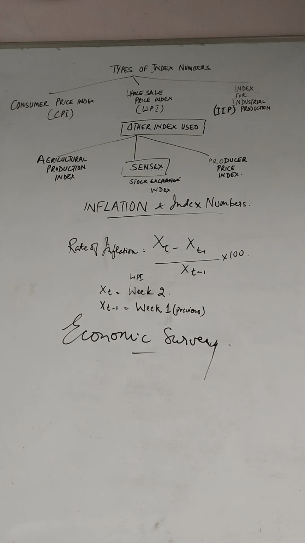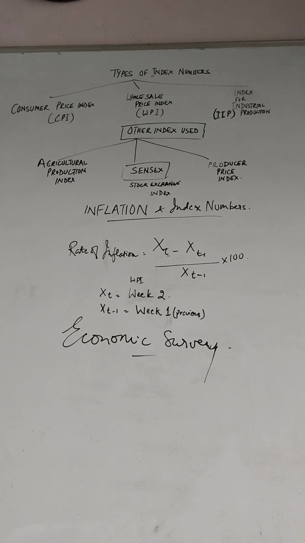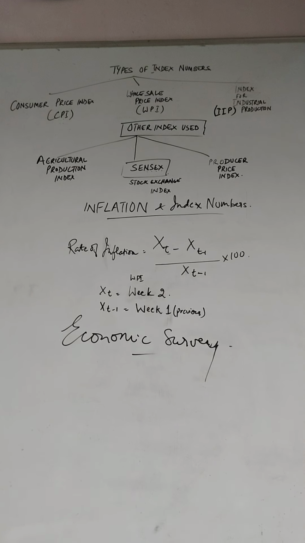Especially such manipulation can be done by selecting a particular base year, a particular group of commodities, a specific set of prices. And gullible people like us perhaps might agree to that, because we are not experts in the field. So one should be careful about it. And with that, we come to the end of Unit 3.